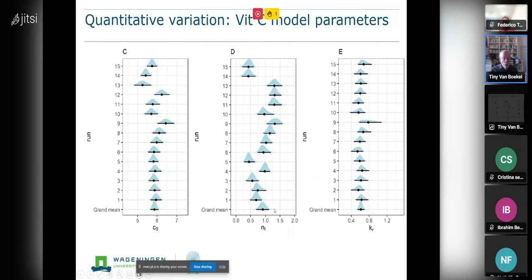If you look at the order of the reaction, the overall mean is very close to 1, but you also see here experiments that have a very low order, and you see experiments that have quite a high order. So this tells you that what is variable here is mainly the order of the reaction. If you look at the rate constant, there is some variation, but overall they are quite the same.